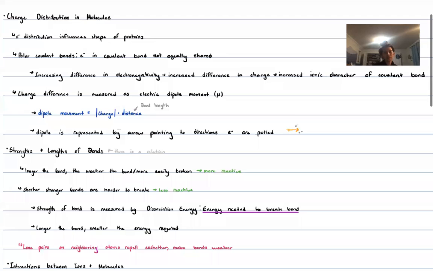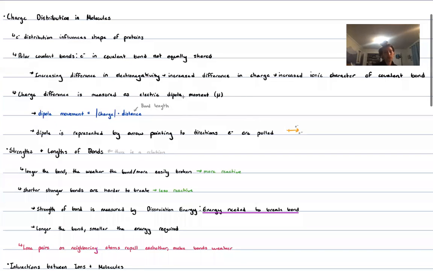Your charge differences are normally measured in the electric dipole moment, which is represented by this little symbol mu. The dipole moment is just the absolute value of the charge multiplied by your bond length, or your distance.